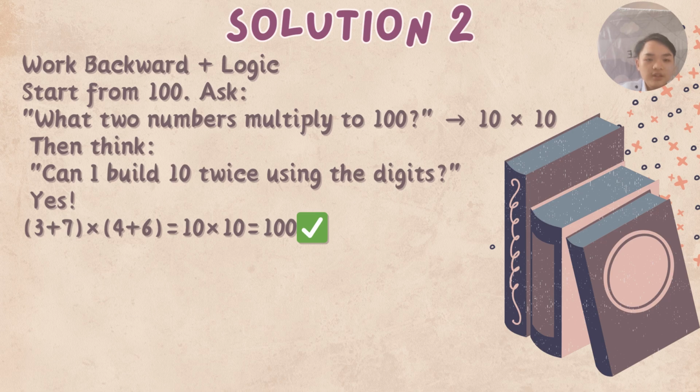We get 3 plus 7 equals 10 and 4 plus 6 equals 10, and when we multiply these, we get the result 100.